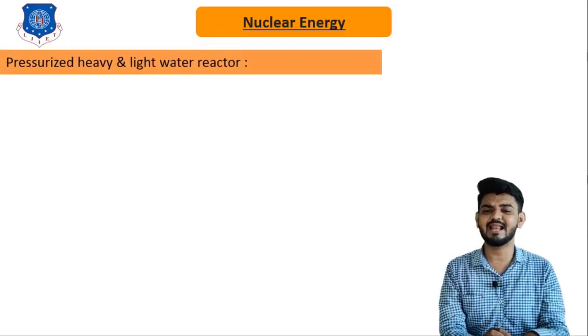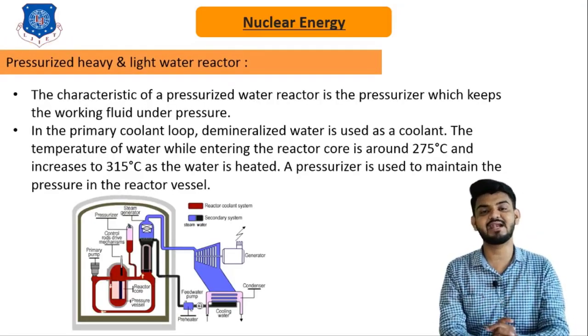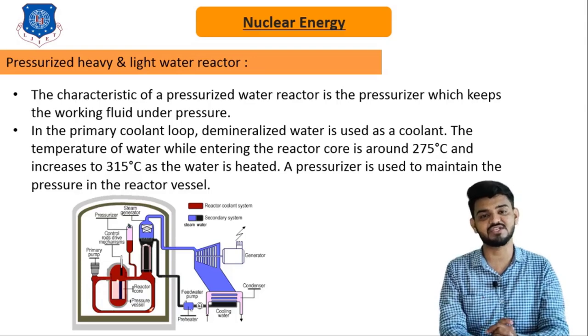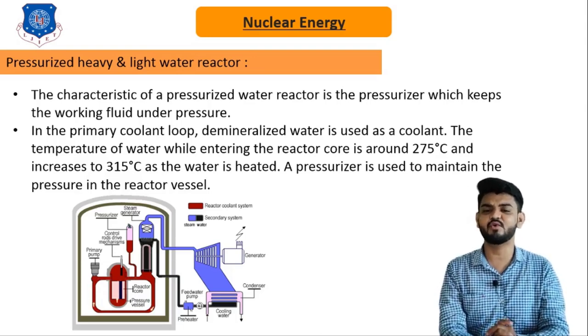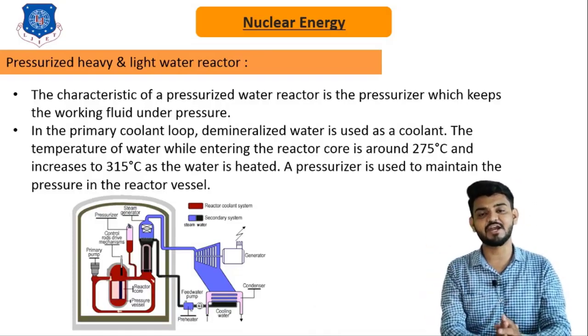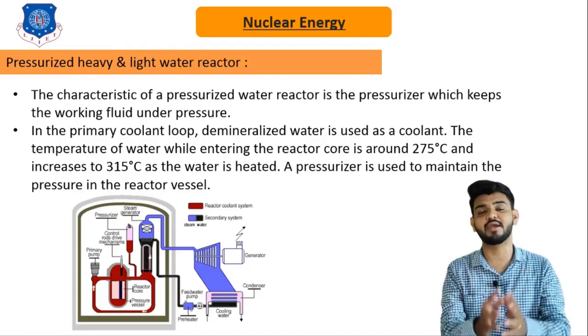Now let's see the last type of nuclear reactor, and that is the pressurized heavy and light water reactor. The characteristic of the pressurized water reactor is the pressurizer, which keeps the working fluid under pressure. So here in the image, you can see that one pressurizer is being used to pressurize the working fluid.